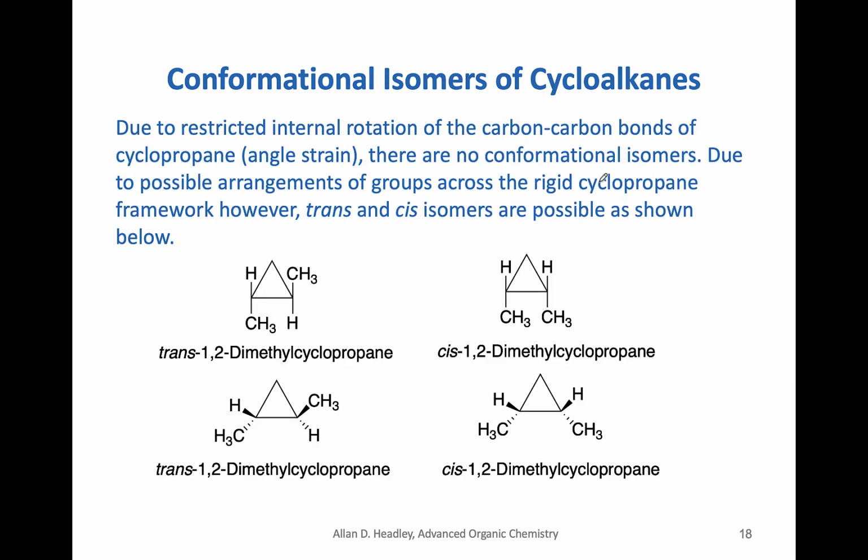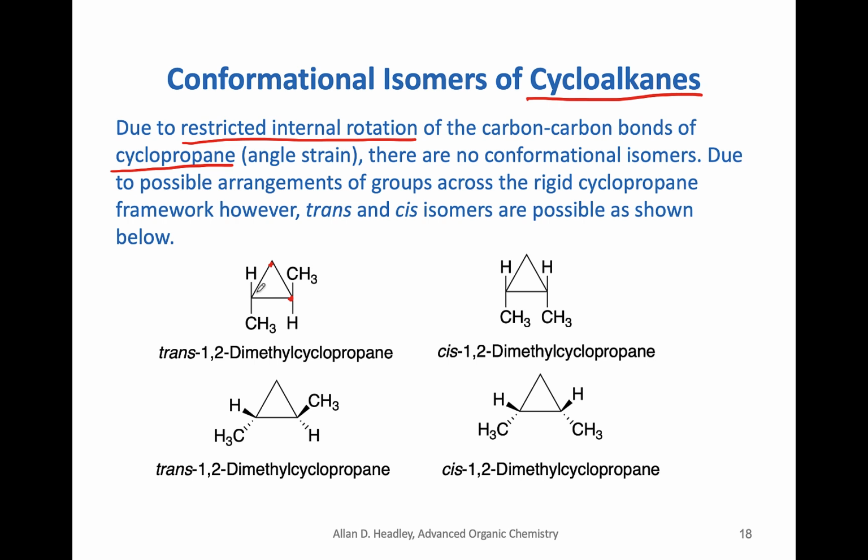Okay, let's look here now at cycloalkanes. Is it possible to have conformers for cycloalkanes? Let's look at the smallest possible cycloalkane, cyclopropane. As you can imagine here, there's very restricted or limited internal rotation between a carbon single bond because it's very rigid.